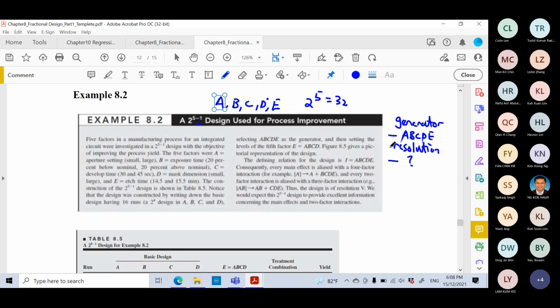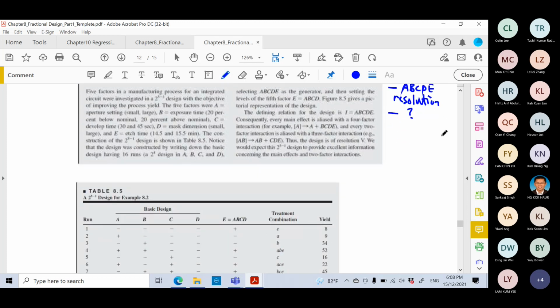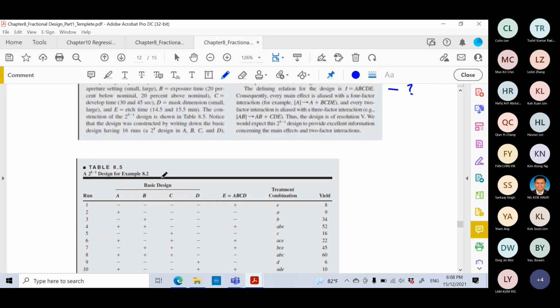So for the fractional factorial design, first you have A, B, C, D, E, and then you consider the generator equal to A, B, C, D, E. This is the interaction of A, B, C, D, E. First you write down the basic design. If you do not want to write in the following form, you can list down the full table of all the plus minus signs for factor A until factor E, then just run the 1/2.